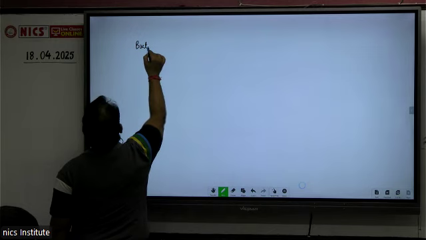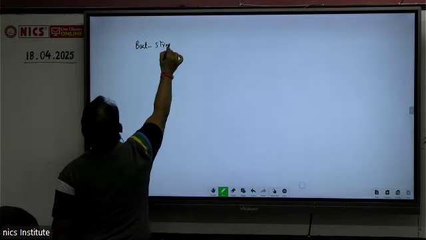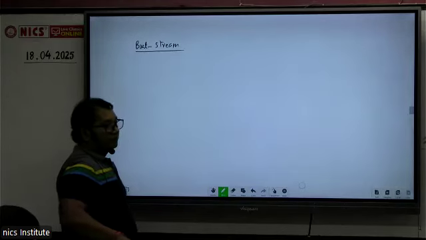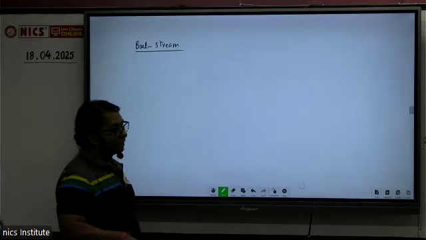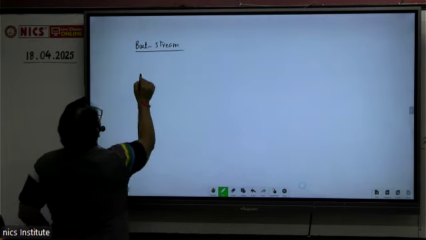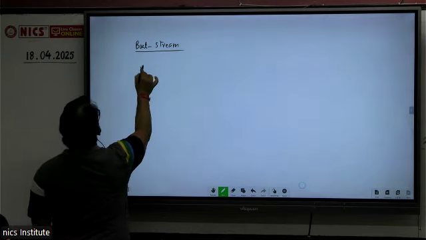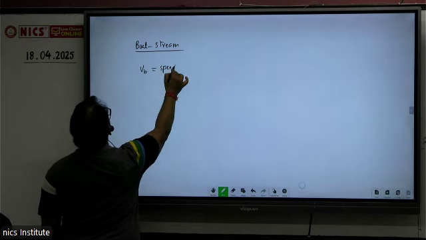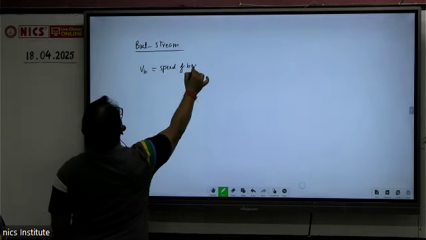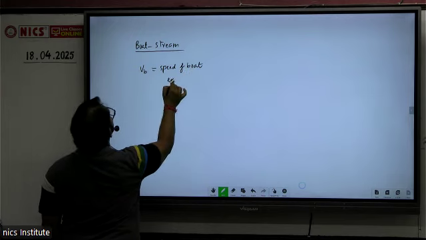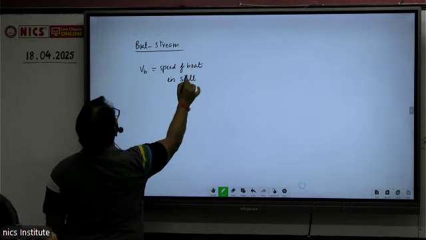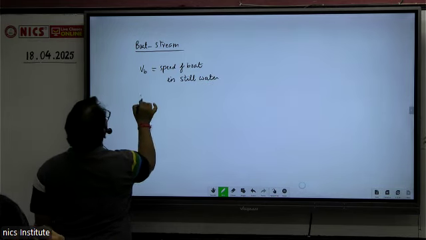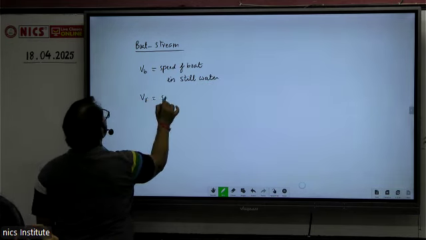Both are stream problems. Speed of a boat in still water is VB. VR is speed of river.